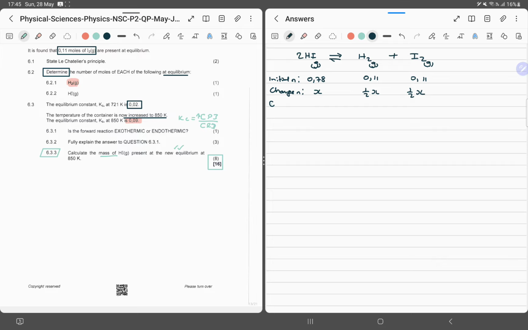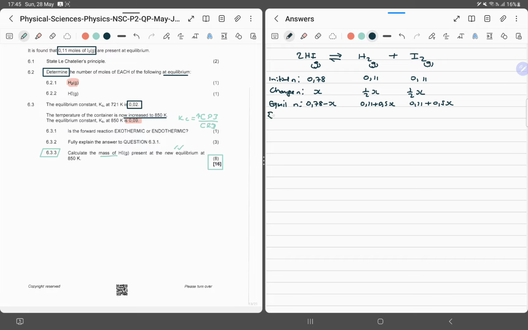So now we know that at equilibrium, what is the story there? This is going to be 0.78 minus x. Here we're going to have 0.11 plus 0.5x. So we've got 0.11 plus 0.5x.